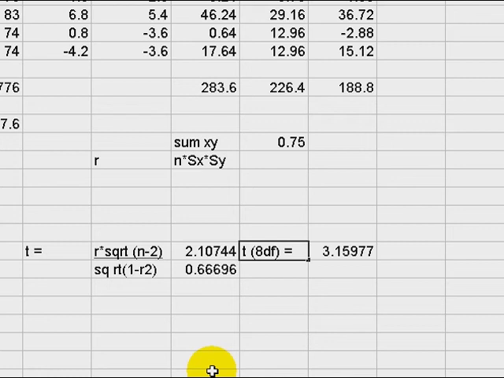So the answer is yes. Therefore, you are able to reject the null hypothesis of no difference and accept the alternative hypothesis that the correlation that you have found of 0.75 is statistically significantly different from a correlation of 0.